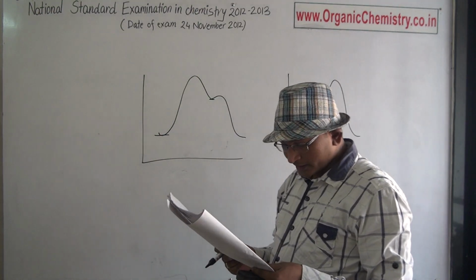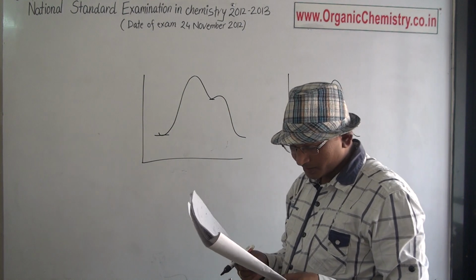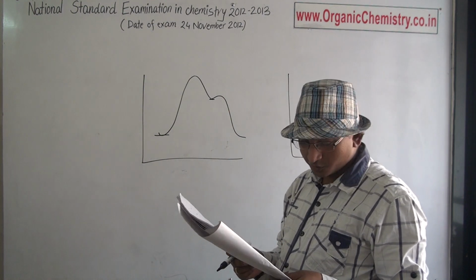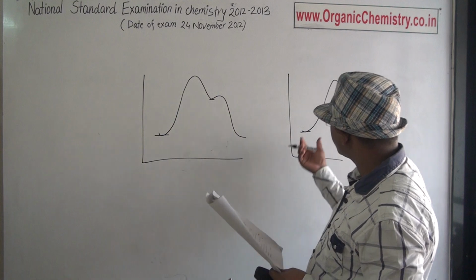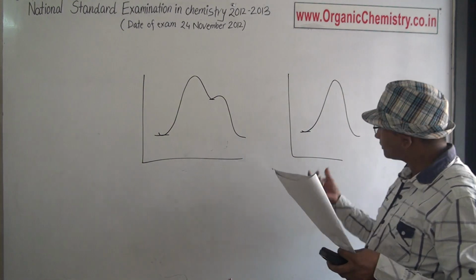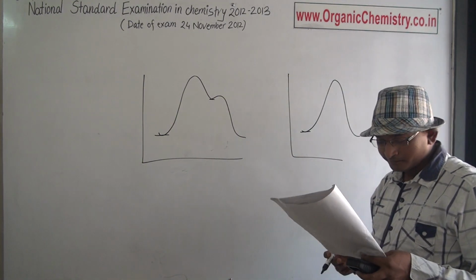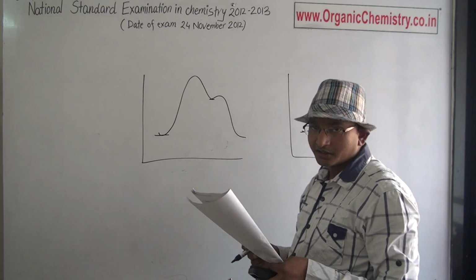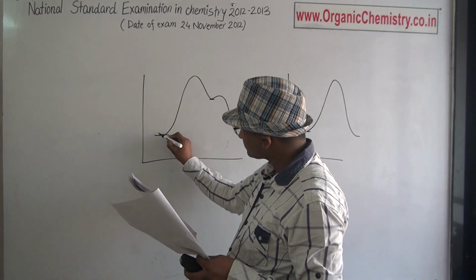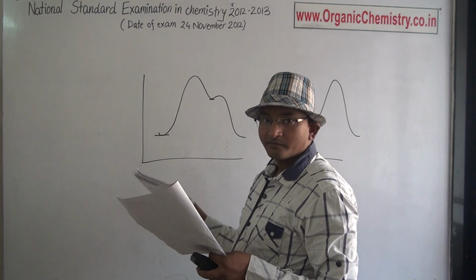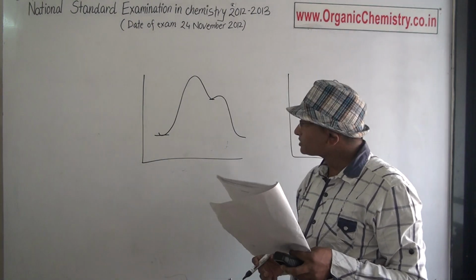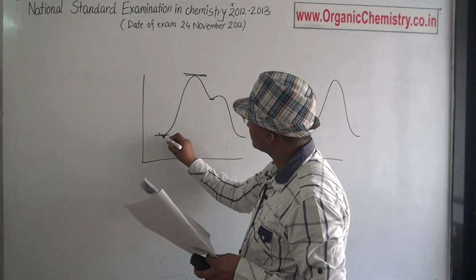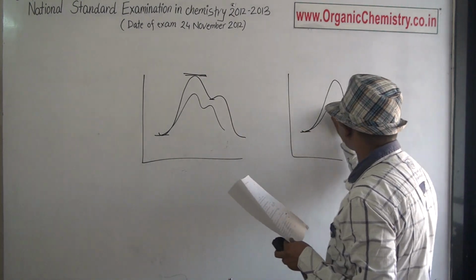If intermediate is formed, then the position of intermediate will be here. But if intermediate is not formed, then the reaction will just give the product. So a catalyst accelerates a reaction primarily by stabilizing the. First option is intermediate. It is wrong because many chemical reactions may take place without the formation of intermediate. Second is the transition state. This is the correct answer because if catalyst is used, this activation energy is decreased.